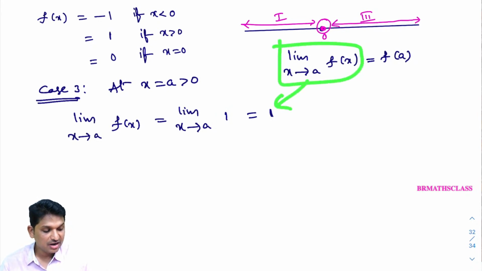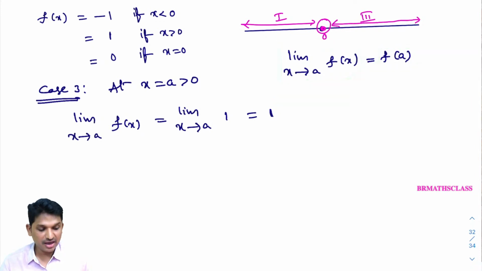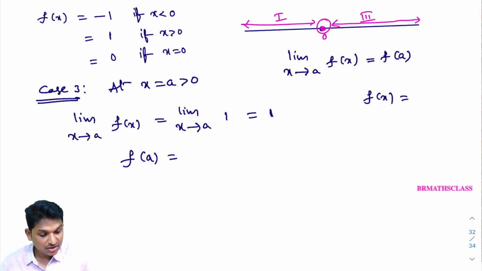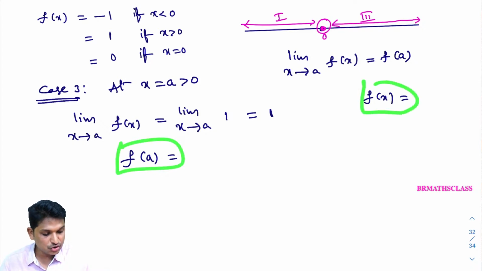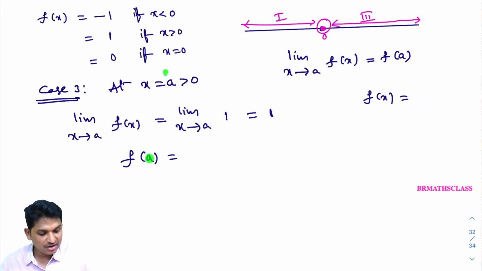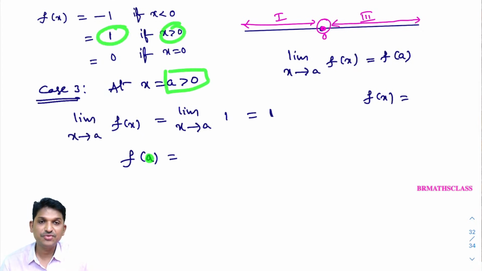I got 1. Now I will calculate f of a. To calculate f of a, I need f of x. Which function to choose? Here the a value is greater than 0. When the a value is greater than 0, the function is 1.